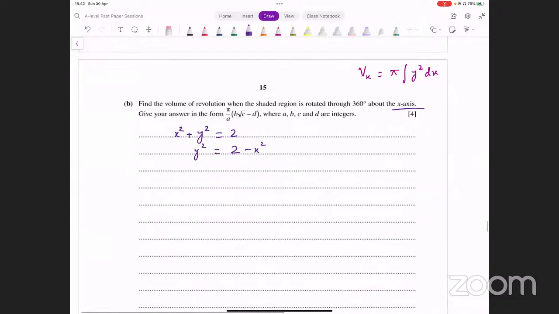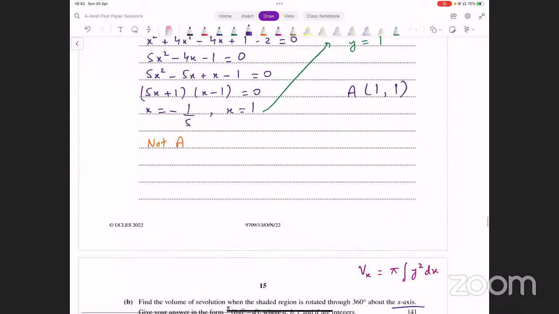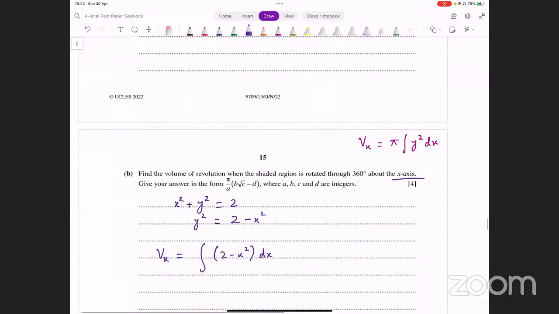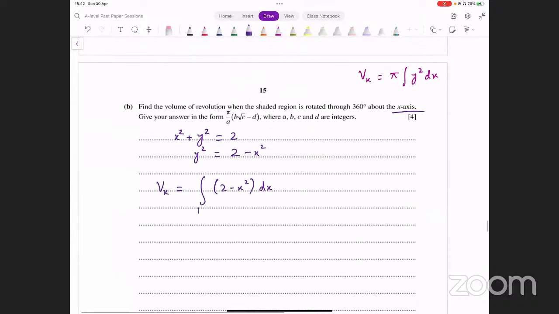यहाँ पे हमारे पास ये फॉर्मूला है, इंटीग्रल y square, which is 2 minus x square. इसकी पावर तो नहीं करनी है, ऑलरेडी वो y square है। ये पूरे को आपने इंटीग्रेट करना है with respect to x and the limits are going to be from 1 to square root of 2, and we have pi outside.